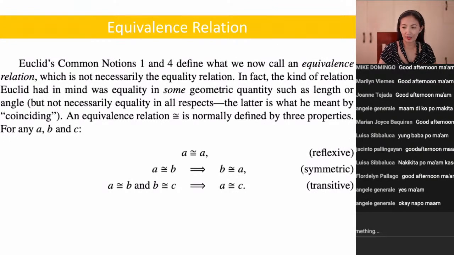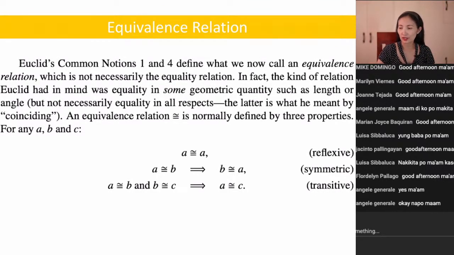Okay, you can see now. So the equivalence relation has the following properties: reflexive property, symmetric property, and the transitive property. All came from the common notions of Euclid.